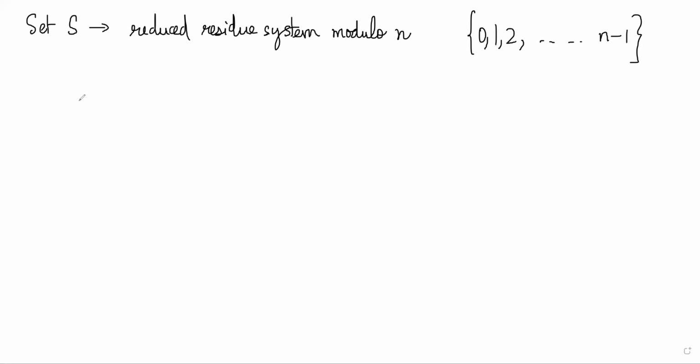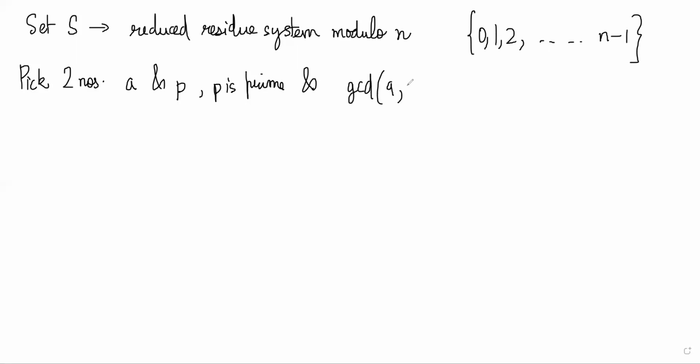Now, let's say you pick two numbers, A and P, where P is prime and GCD of A and P is 1.